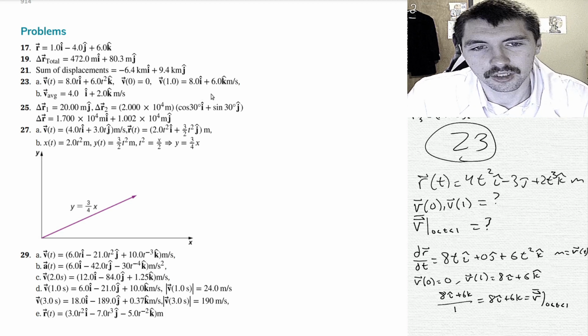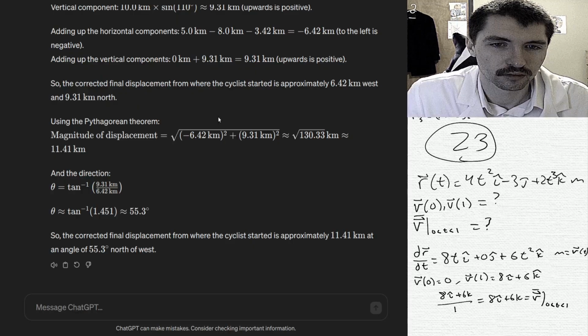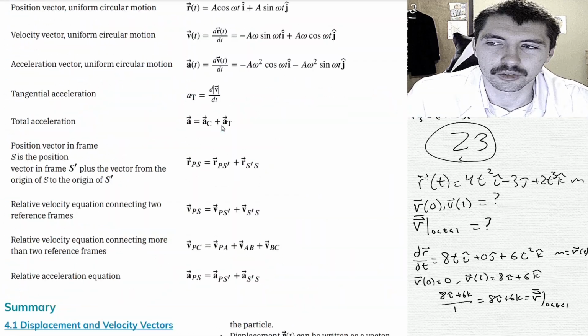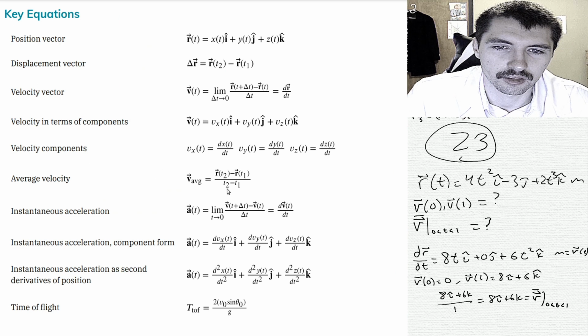So this is kind of annoying, and I'll show you why. The book says average velocity is T1 minus T2. Okay. So T2 is 1, T1 is 0.